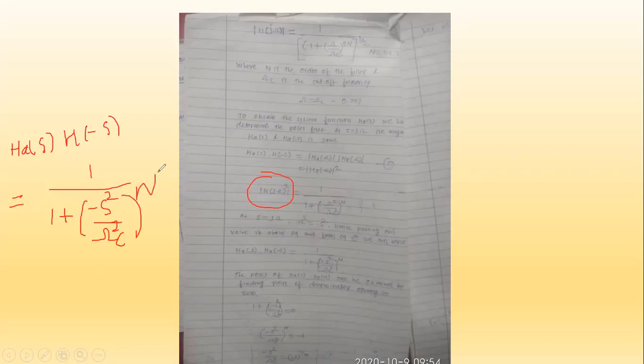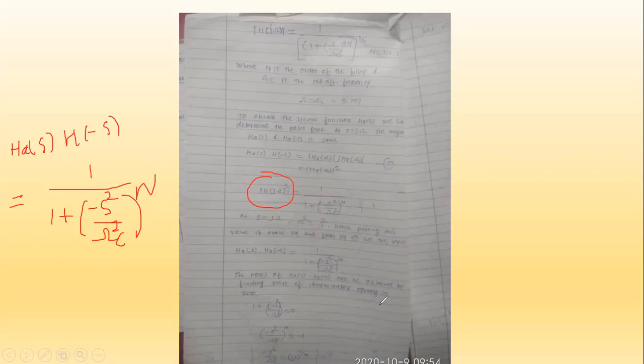Splitting the value of this equation, it is now equal to 1 by 1 plus, when I substitute this lambda square, minus s square divided by cutoff frequency raised to n. So this value came when we substitute s is equal to j omega.